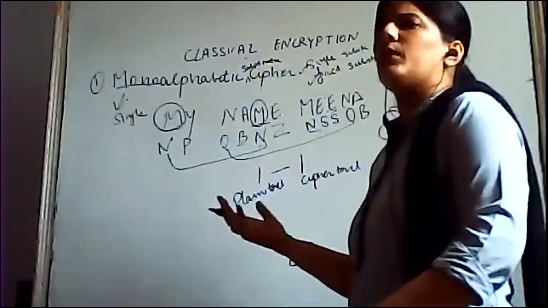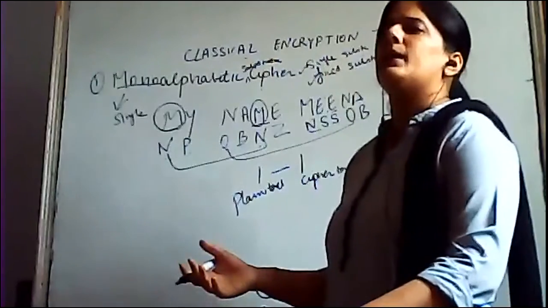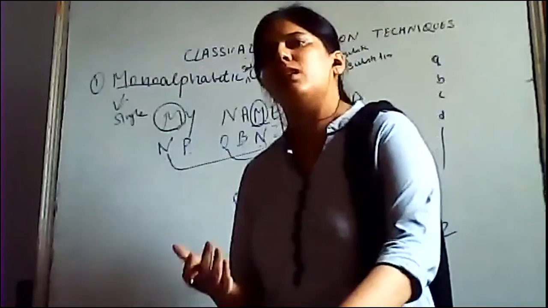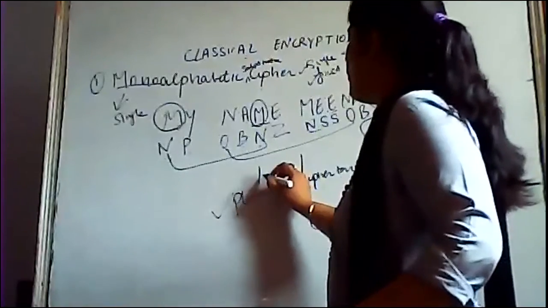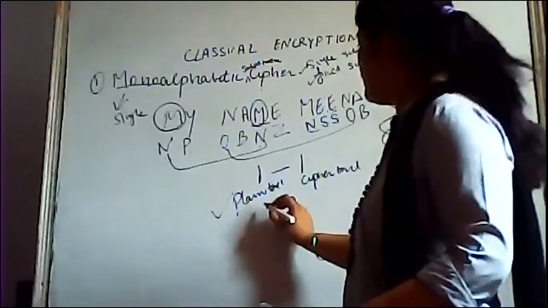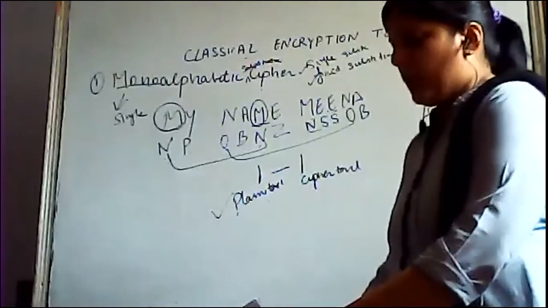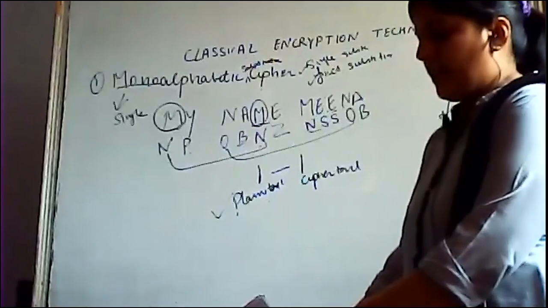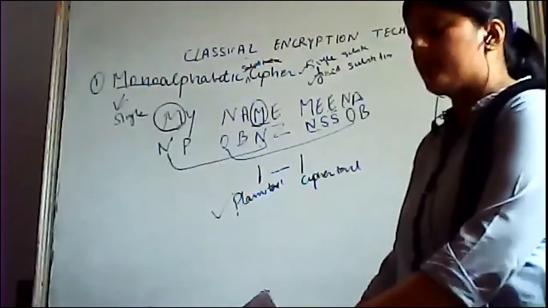Okay, obviously, if you are doing some new process, you can have new type of a substitution. But every time that particular substitution will remain the same. Third is that you are using that what type of a relation you are having between your plain text and ciphertext, that is 1 to 1. Okay? So relation between a character in the plain text to the symbol in the ciphertext is always 1 to 1.